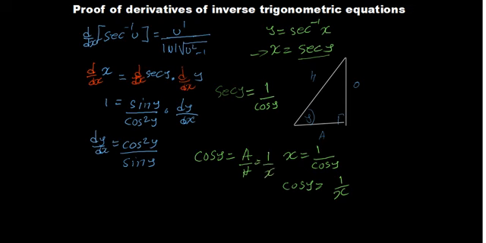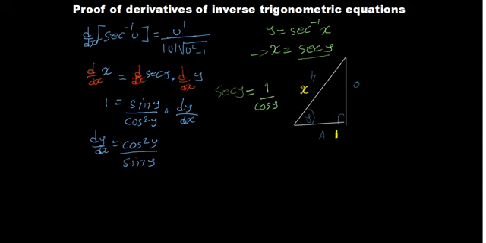So here we have 1 and here we have x. So what do we get now? Of course we need to find the opposite, and since we have the hypotenuse and the adjacent, we can find the opposite, because our opposite will be equal to what?